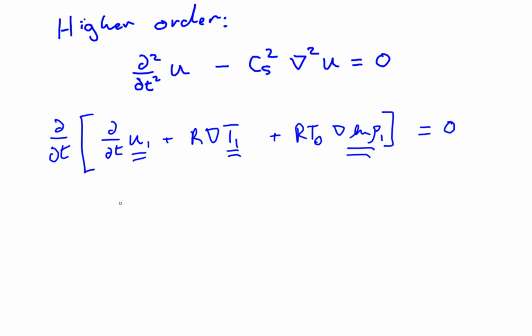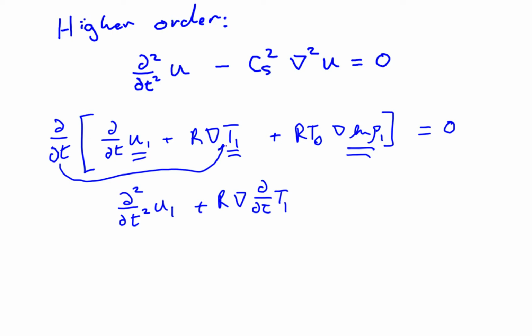So as we propagate this time derivative through, we get the second derivative in time of u, and we get R grad d by dt of T1, where our time derivative propagates through the spatial derivative to hit T1 since they're independent, and R T naught grad d by dt of log rho 1, all equal to 0.